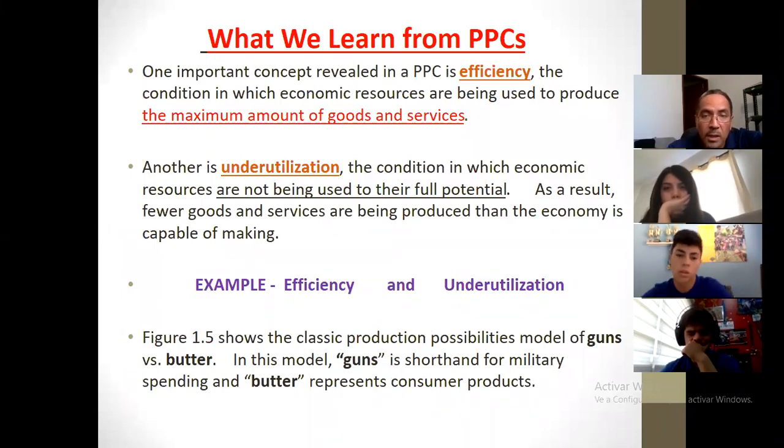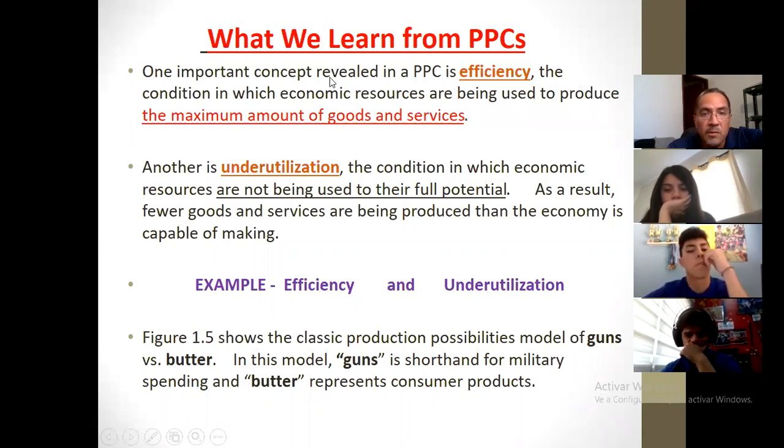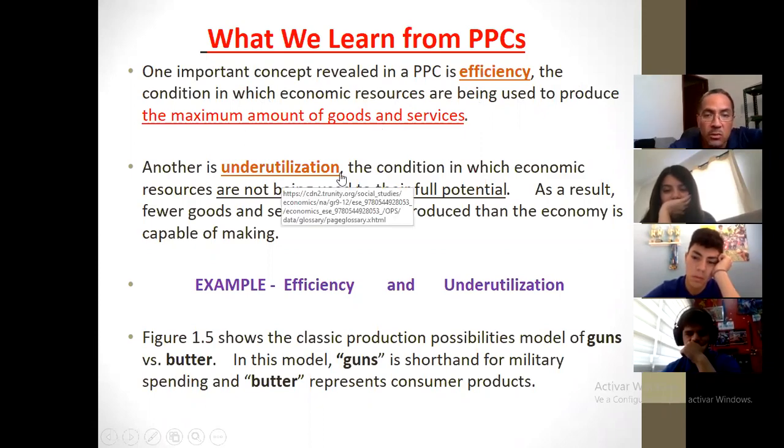Okay, let's talk about this. What did we learn from the PPC? PPC means production possibility curve. It says, one important concept revealed in a PPC is efficiency, the combination in which economic resources are being used to produce the maximum amount of goods and services. Another is underutilization.